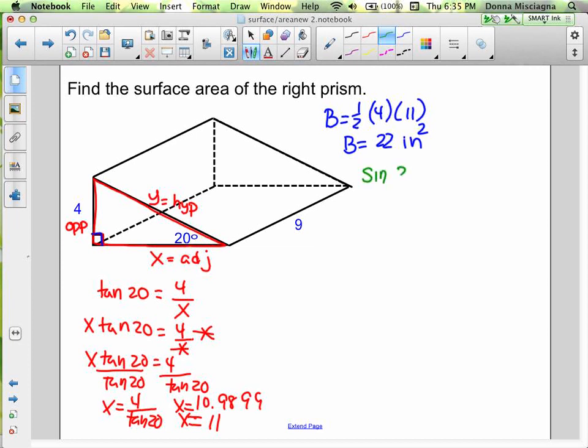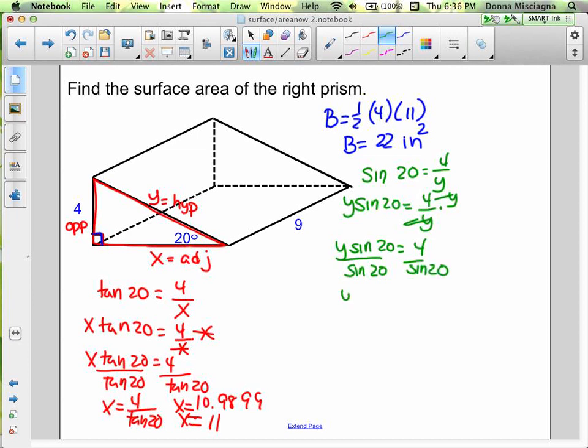All right, so sine 20 is equal to 4 divided by y. The isolating is identical. We're going to multiply both sides by y, so y sine 20 equals 4 divided by y times y. We multiplied both sides by y to get rid of that y. So now we have y sine 20 equals 4. Divide both sides by sine 20.